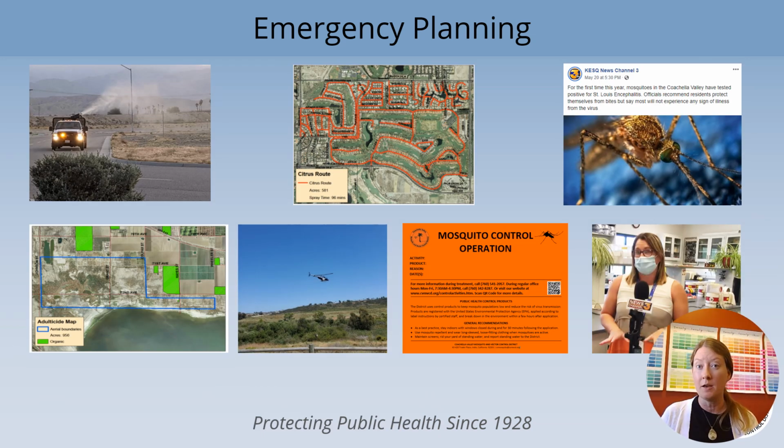During this time, virus level can increase, and we may be making additional responses. Typically, these are in the form of adult mosquito control operations. Depending on the neighborhood or area, we will make applications of adult mosquito control products in the evening or in the morning before sunrise. We make these by truck and by helicopter, depending on how much virus activity and mosquito activity is in the area.